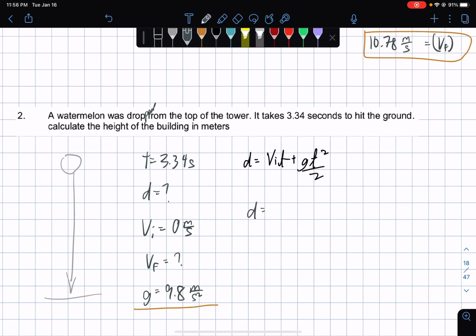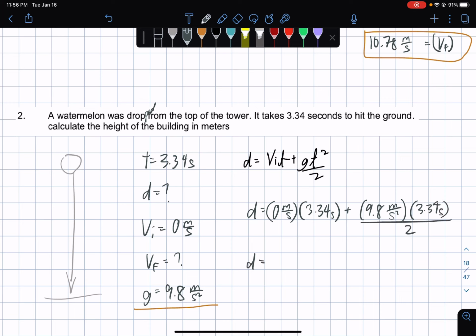So distance is equal to VI, which is 0, times time, 3.34 seconds. Gravitational acceleration is 9.8 meters per second squared times time, 3.34 again, divided by 2. This one becomes 0. 9.8 times 3.34, I'll just summon my calculator.